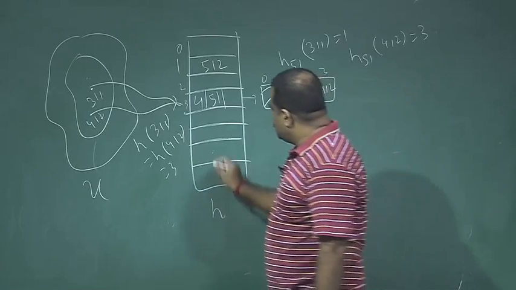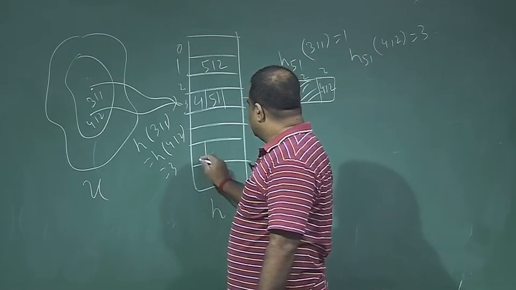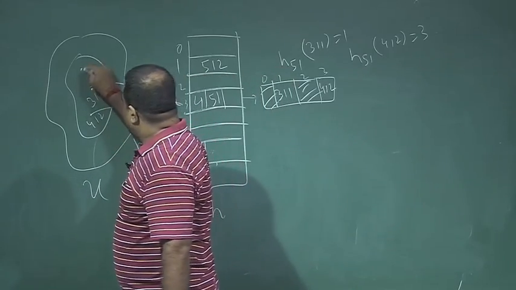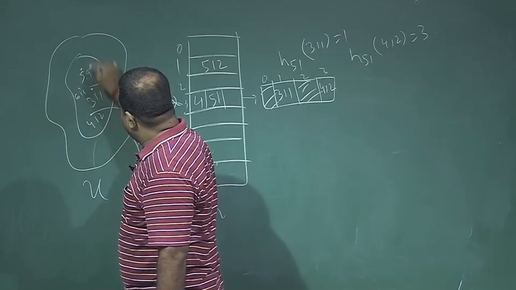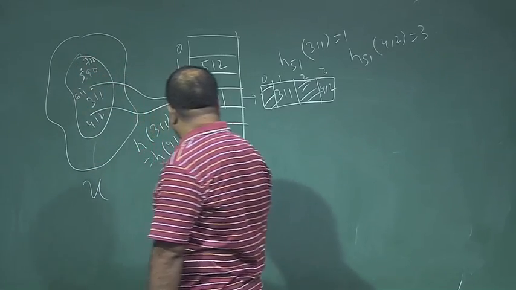Now, suppose we have another slot where 3 keys are colliding. Suppose these 3 keys are say 590, 611, 712.